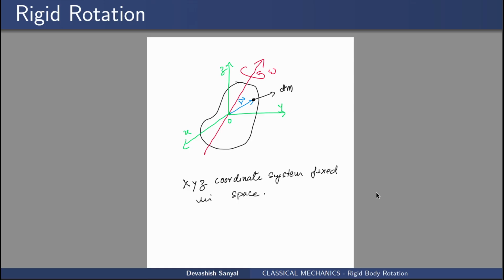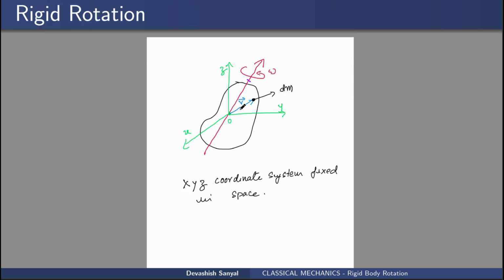We have this coordinate system xyz which is fixed in space, and the axis of rotation is here. This is the axis of rotation.